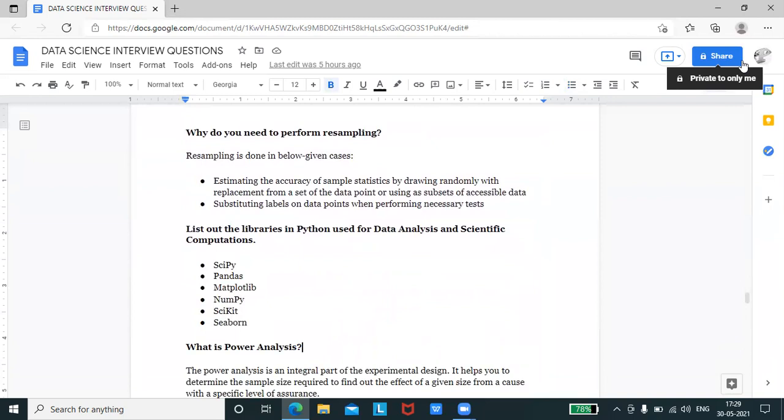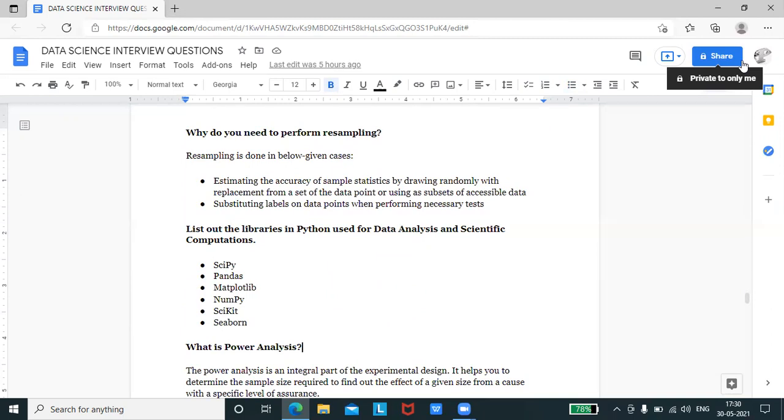Then, list out the libraries in Python used for data analysis and scientific computations. You can see the list of libraries for data analysis and scientific computations.